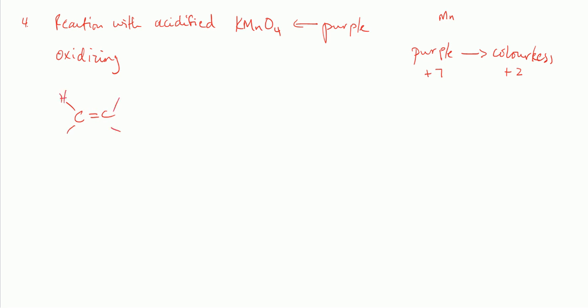so we have ethene plus, this is how you're going to write it, it's H2O plus O in square brackets, that's from the KMnO4, and this produces what we call a diol, right? When we say a diol is because it has two OH groups attached to it.